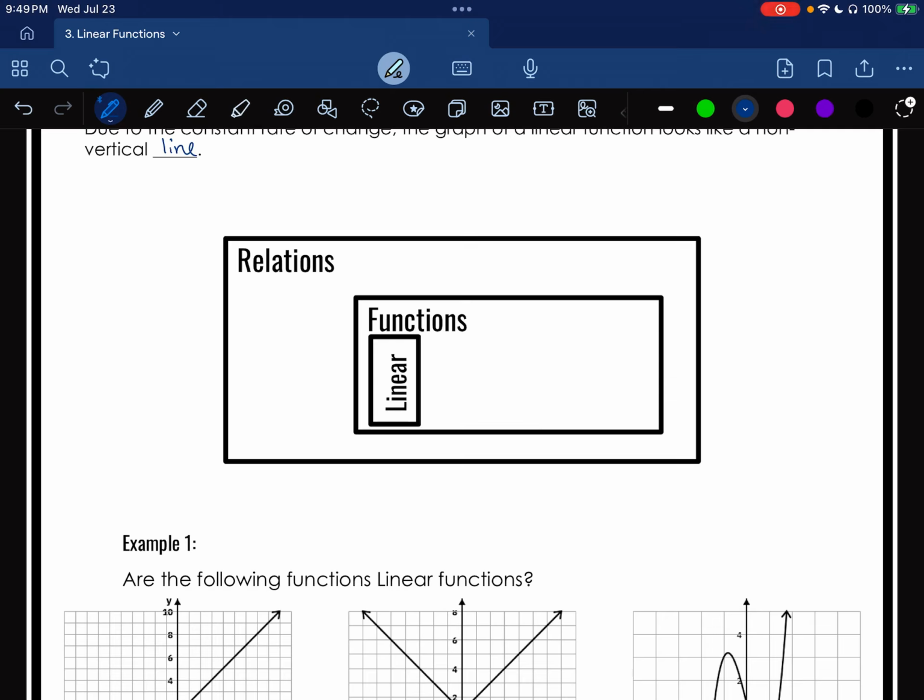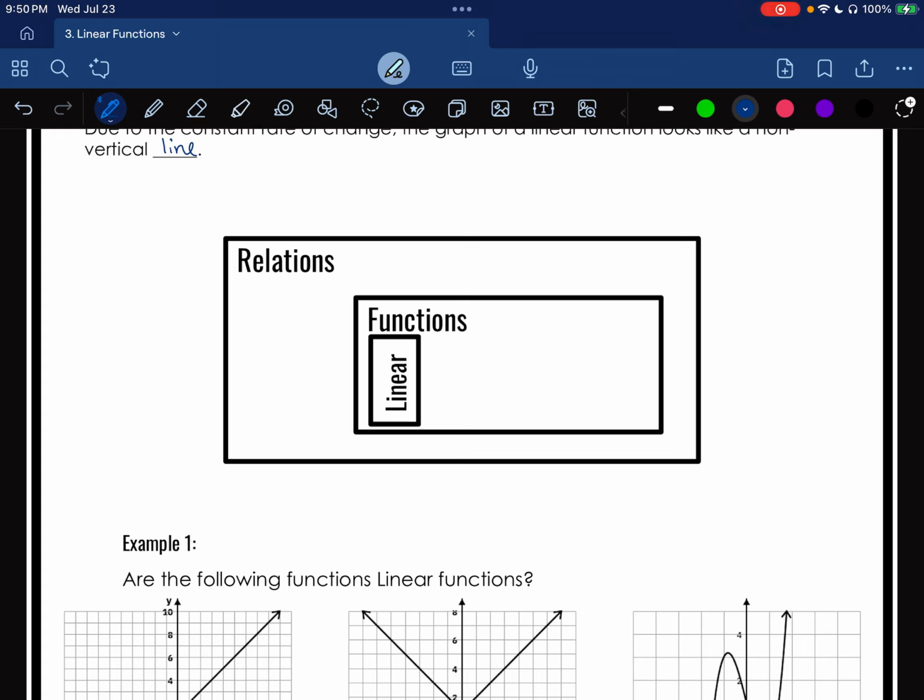And then for functions, there are all kinds of different functions. We call them families, where all the functions in each family look alike and have similar characteristics. Right now we're talking about linear functions, but throughout algebra we're going to talk about quadratic functions and different polynomial functions, radical functions like square roots and cube roots, exponential and logarithmic functions, trigonometric functions, and rational functions.